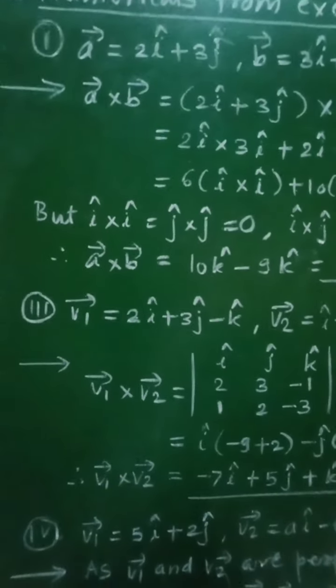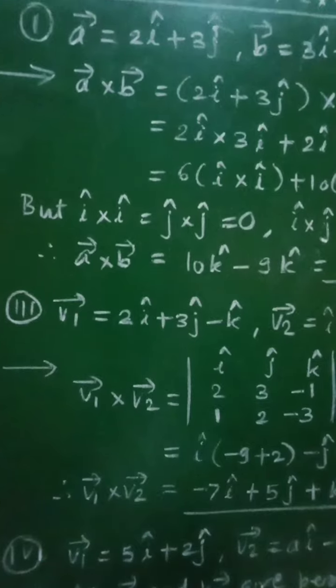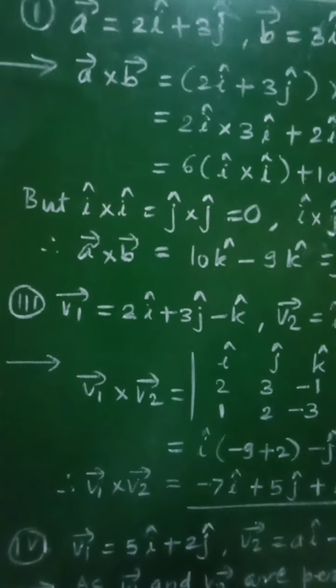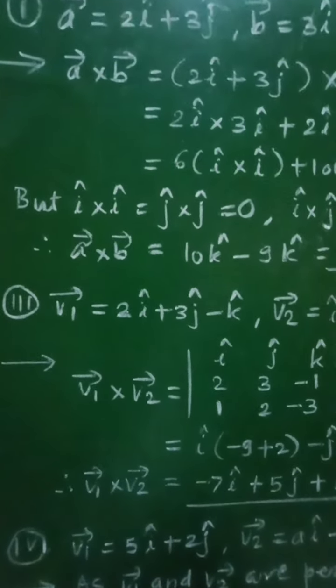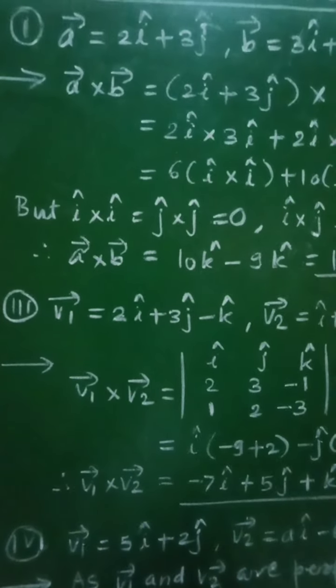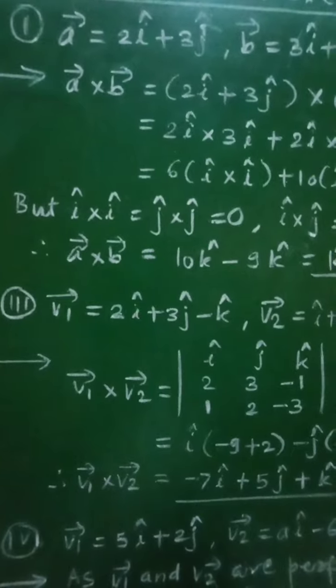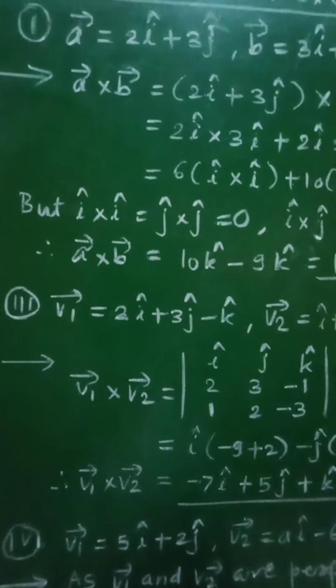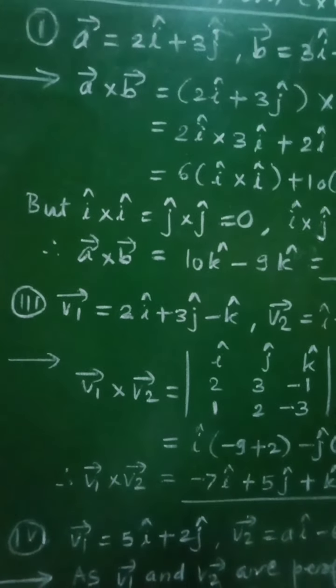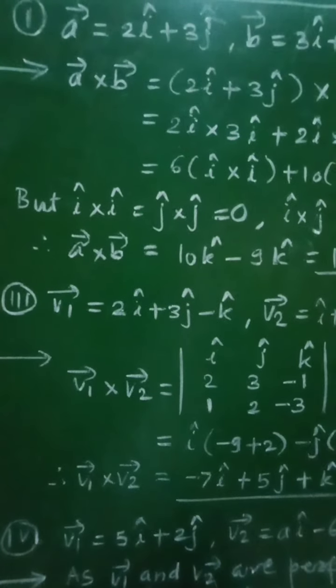Now let us go for the next numerical, that is numerical number 3, which is stated as: determine the vector product of v1 equal to 2 i cap plus 3 j cap minus k cap, and vector v2 equal to i cap plus 2 j cap minus 3 k cap.